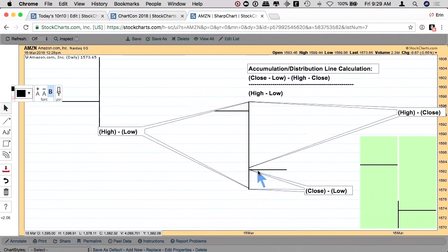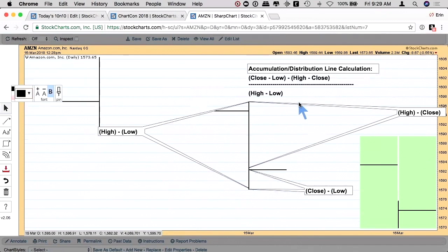So you're basically taking that particular subtraction, the close minus the low, and then high minus the close. So you're taking these two, and you're subtracting this from that. And again, that gives you your negative number, and then you divide it by the whole thing. Okay, so hopefully that makes that a little bit more clear.